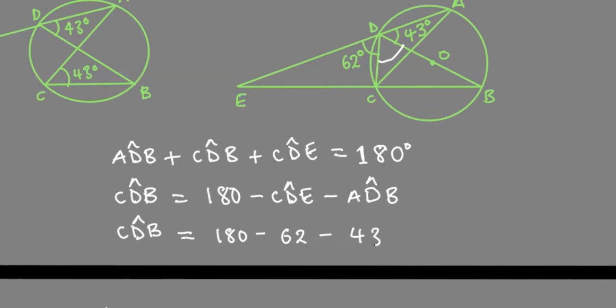You can find a separate piece of paper where you evaluate this. Minus 62 minus 43 is going to give us minus 105. 180 minus that 105 we found is going to give us 75. Therefore, CDB is equal to 75 degrees.